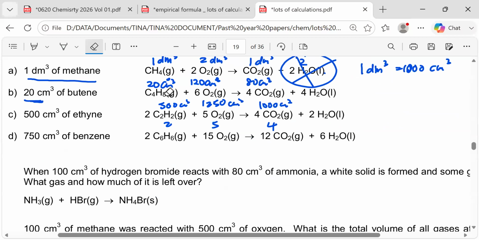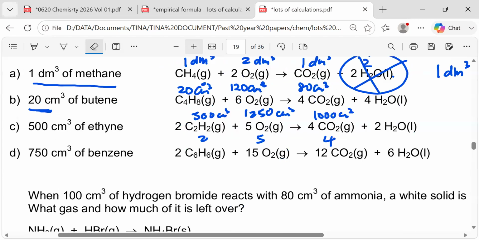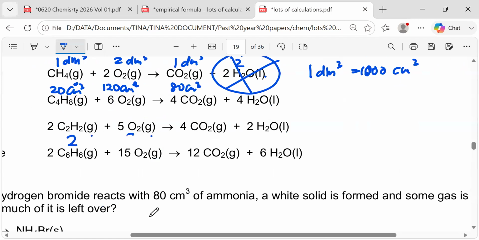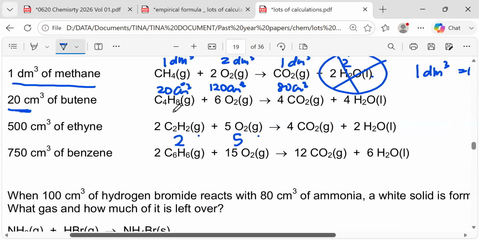Or am I mixing it up? Oh, okay. So the ratio is like this. Let's try again. Remember, gas and gas only. So the ratio is 2 to 5. And here I tell you it is 500. So it's 500 times 5, but divide by 2.